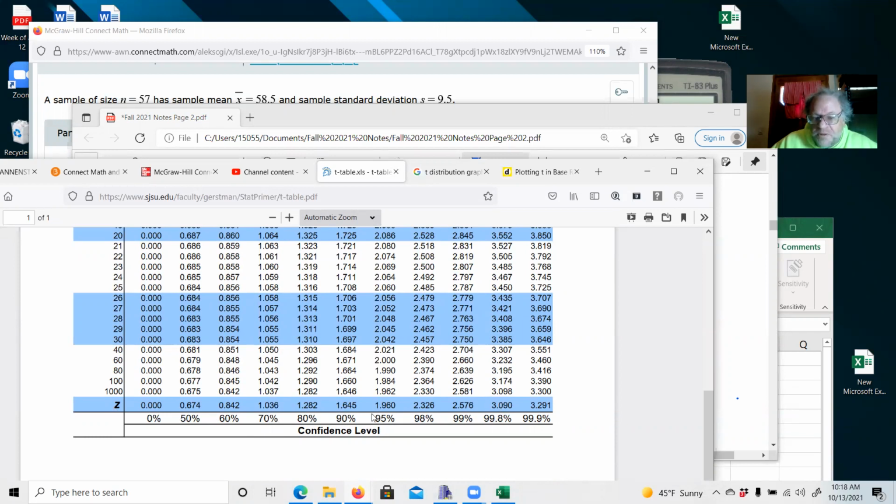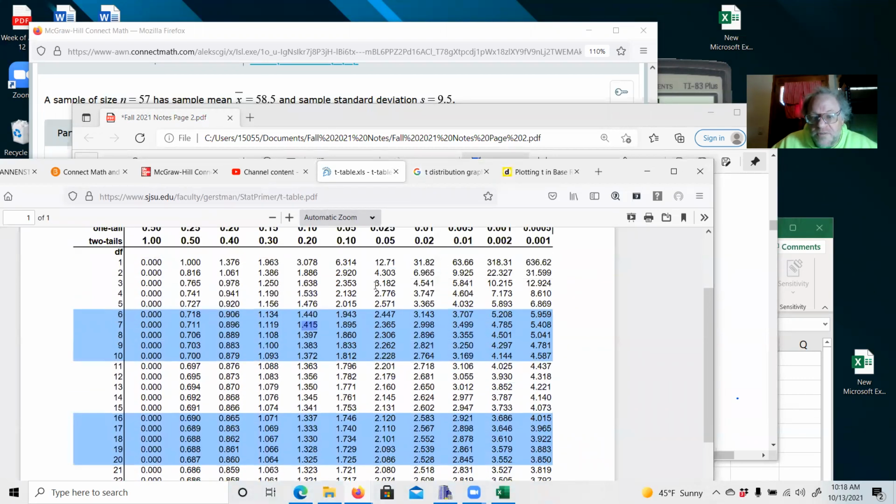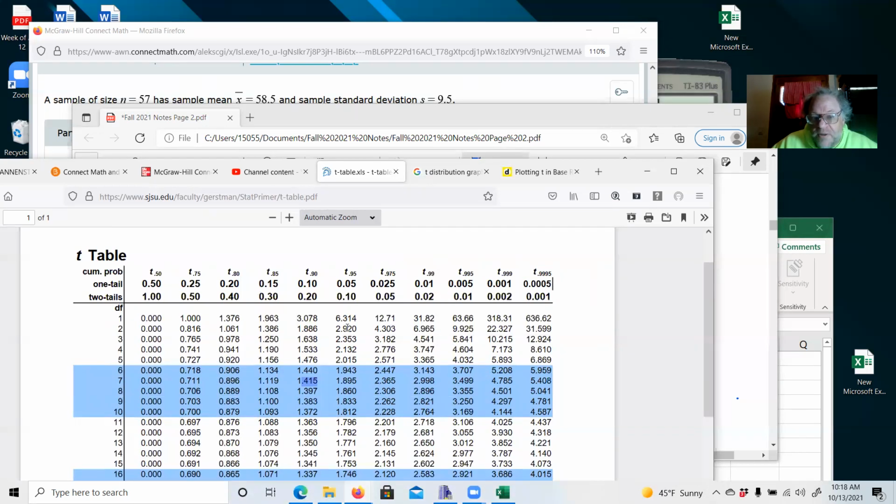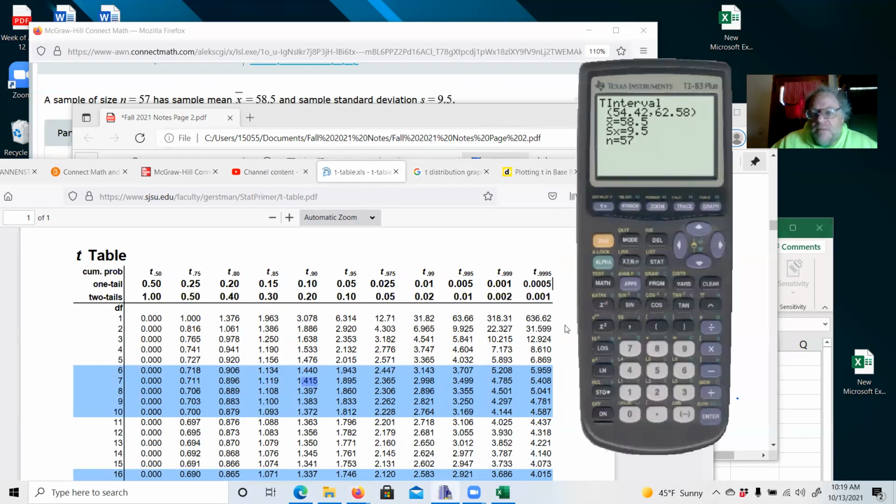These are much smaller numbers, so the confidence interval is not as big. I'm multiplying by a smaller number. So confidence intervals for low degrees of freedom are a little wider. But you're new at this, and we're learning it. If you don't trust yourself yet, that's fine.